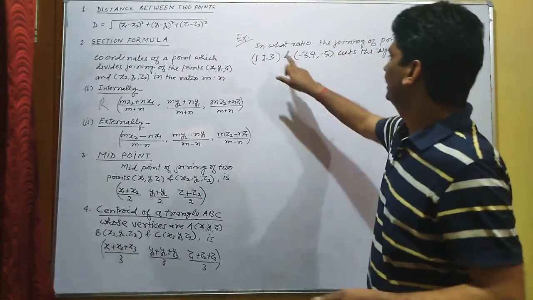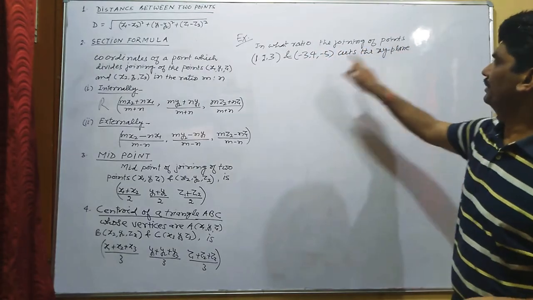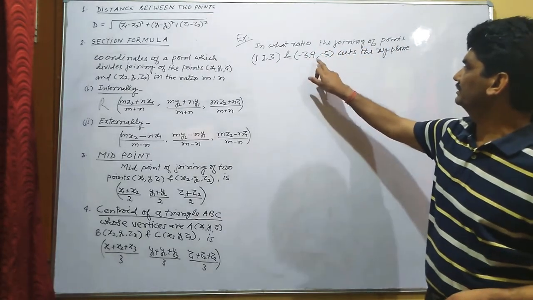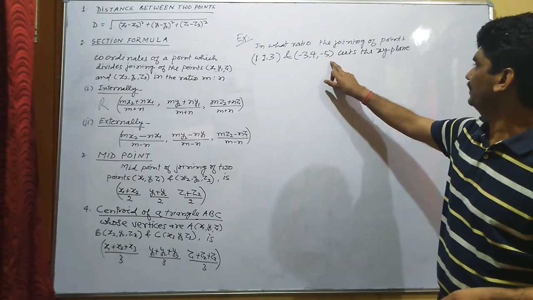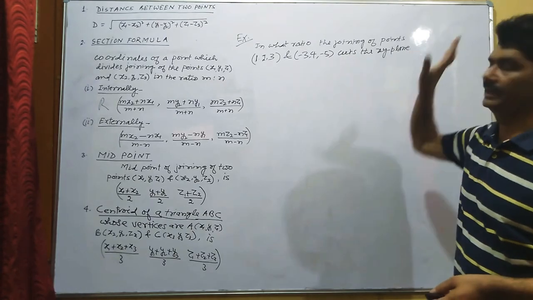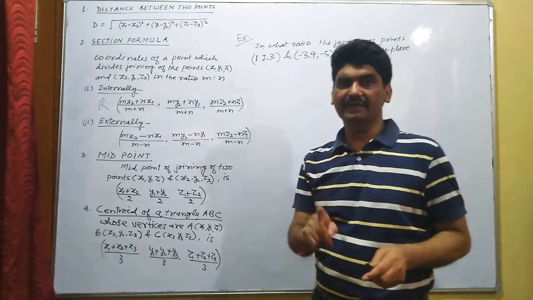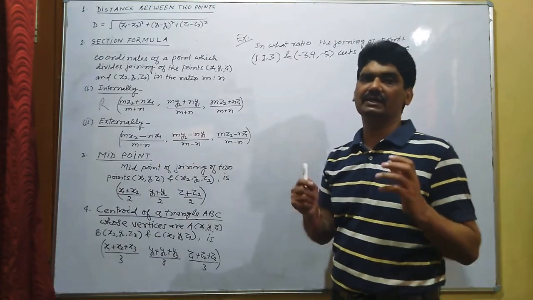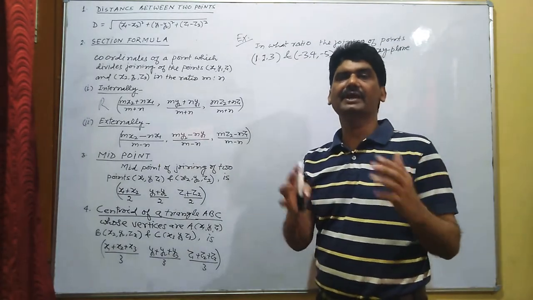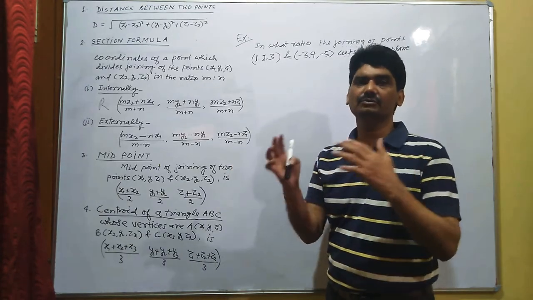For example, in what ratio does the joining of the points (1, 2, 3) and (-3, 4, -5) cut the xy plane? First thing to note: to find the ratio, we suppose that the ratio is lambda is to 1, or 1 is to lambda.